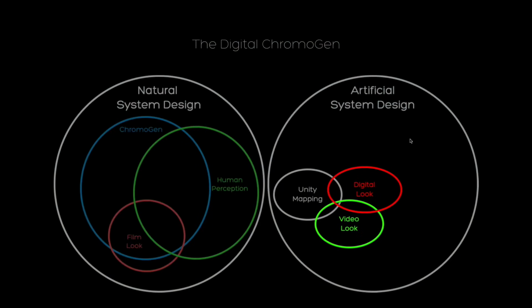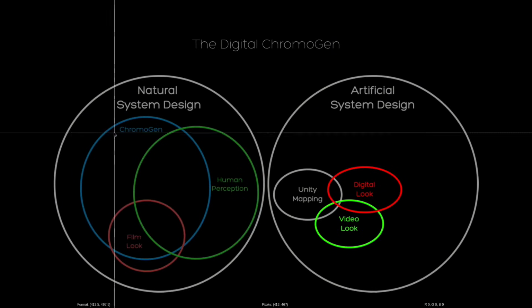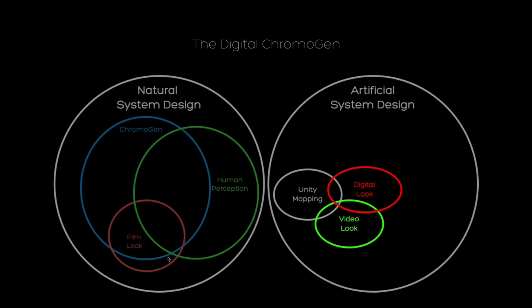So in a very abstract way, what we found is a collection which is natural system design versus artificial system design. And in there, we designed a system which can emulate some of the film looks quite well. Not all of them, that's why the overlap is not 100%. We are realistic.